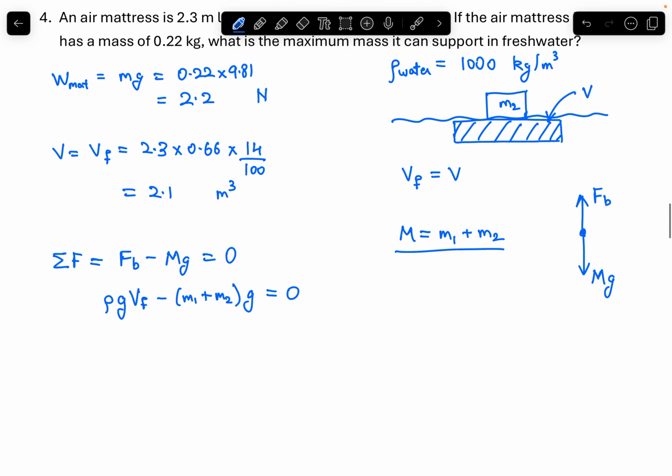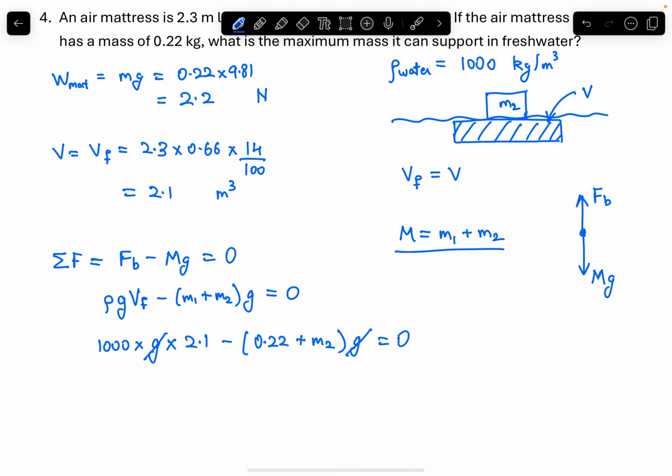Substituting the values, we know the density of water, so that's 1000 times, I'll keep g as g, Vf is 2.1, minus M1 is 0.22 plus M2, the additional mass supported by the mattress, times g, is equal to 0.